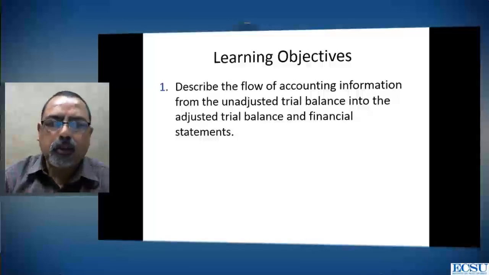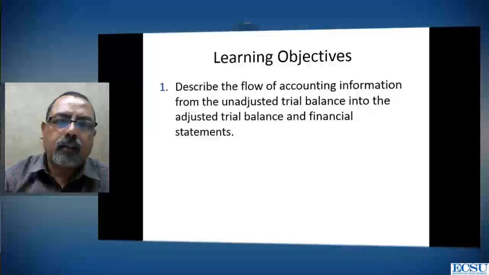And I also showed you how you do a worksheet till the adjusted trial balance. And from the adjusted trial balance, we could draw up the financial statements that we have learned, the income statement, the statement of owner's equity, and the balance sheet.